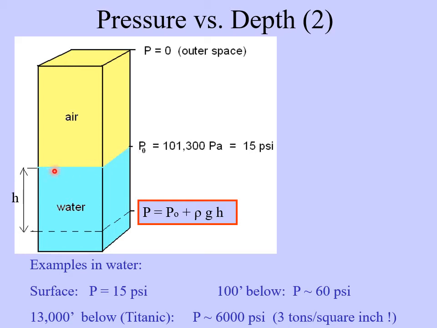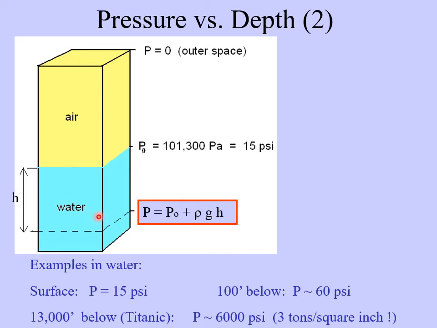This is the pressure that you are experiencing right now from the air, and that is the pressure at the surface of any body of water, the ocean, the lake, or even a glass of tea that's sitting on your desk right now. But as we go down into the liquid, a distance of h, that's our depth, then the pressure starts to increase due to the weight of the water adding to the weight of all this air up here.